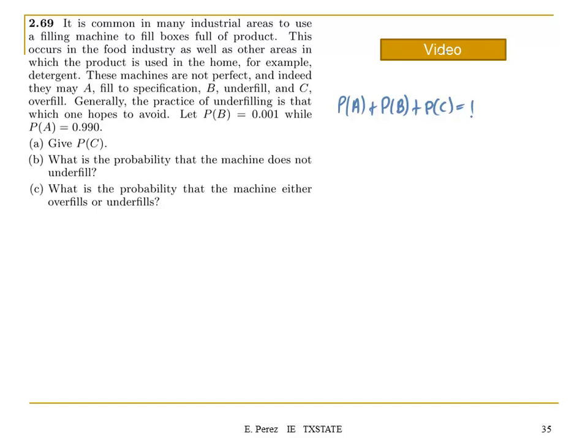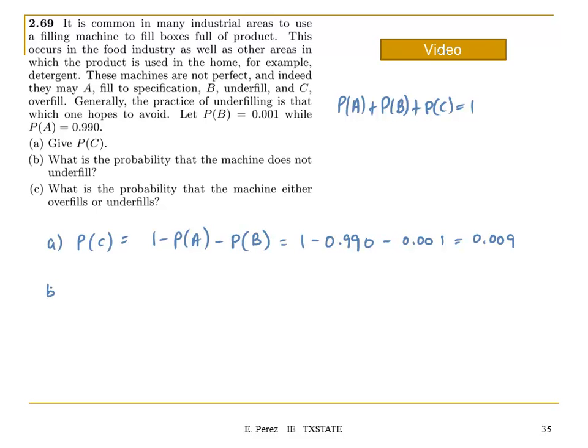So if you know A and B, you can find C. So the probability of C equals 1 minus the probability of A minus the probability of B. And that will be equal to 1 minus 0.990 minus 0.001. Questions?